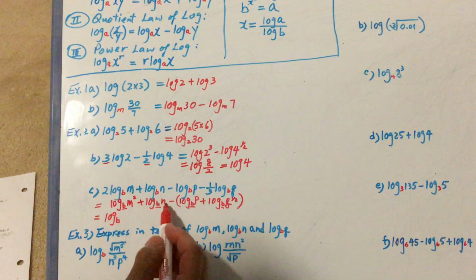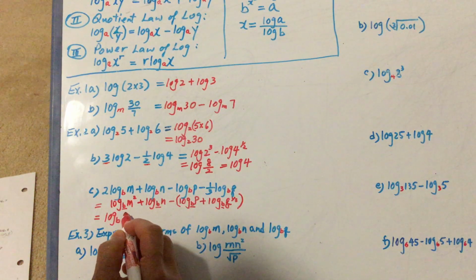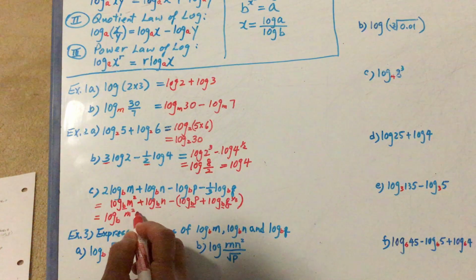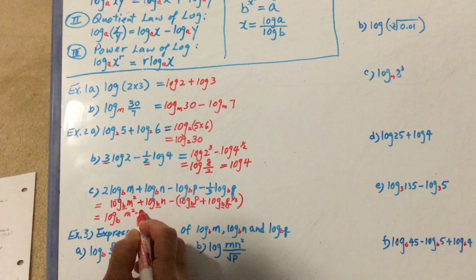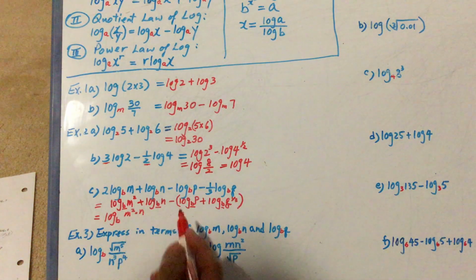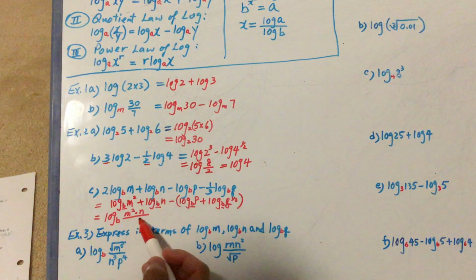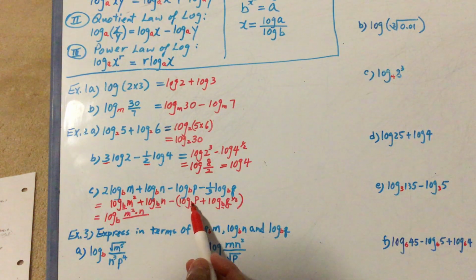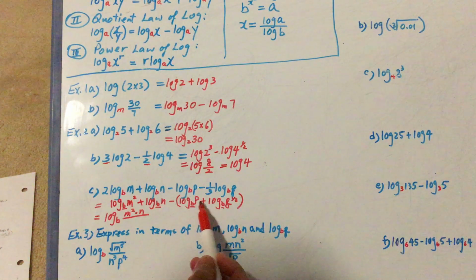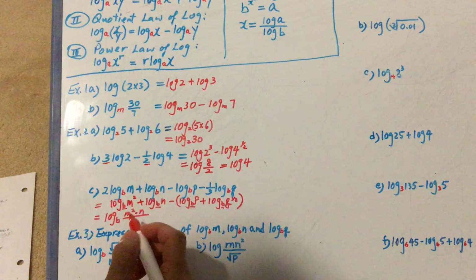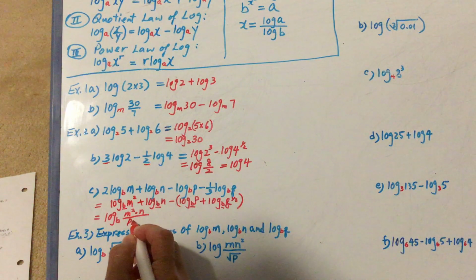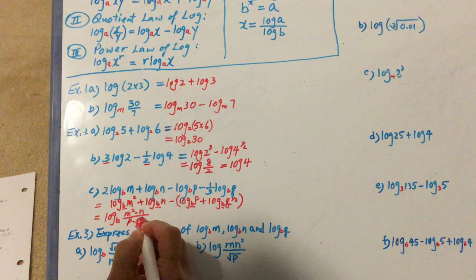So m squared and an n, that means you're going to multiply m squared with the n. But a minus means division. But what are you going to divide? Well, it's the product of p times the q to the 1/3.